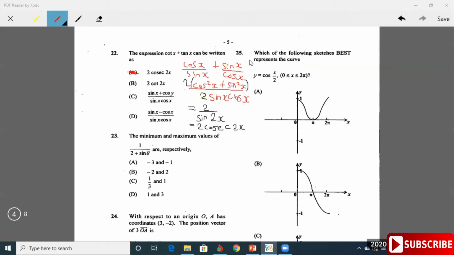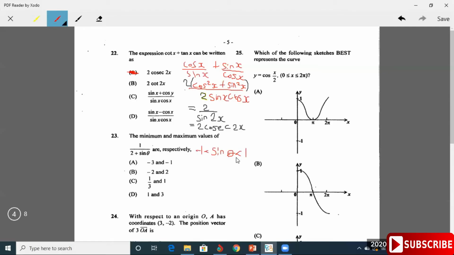Easy question. Now it is asking us to find for question 3 the maximum and minimum value of this function right here. And so to do that, first we need to start with the sine of theta, as we know it, that the sine of theta is always going to be between 1 and negative 1.